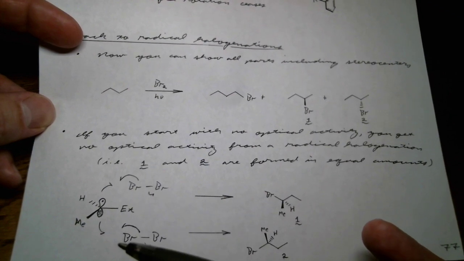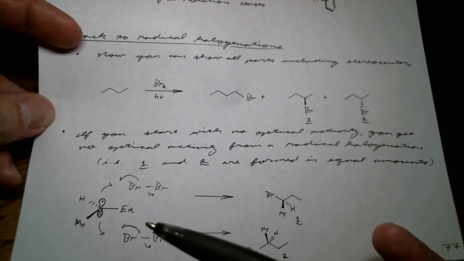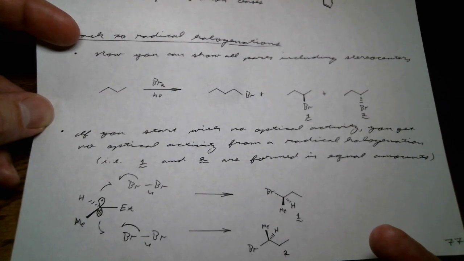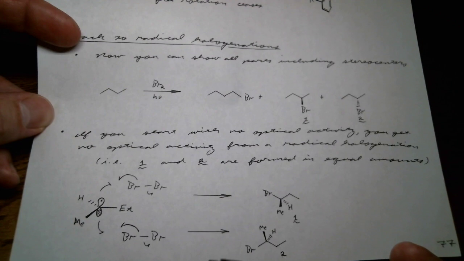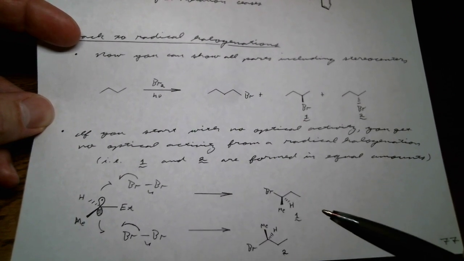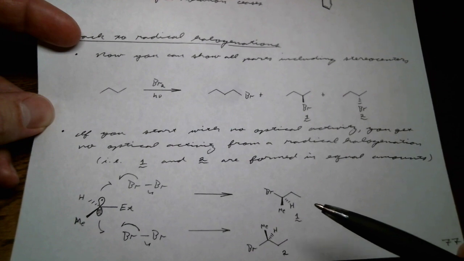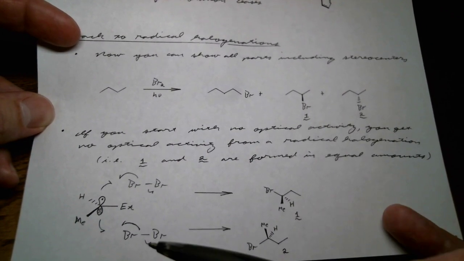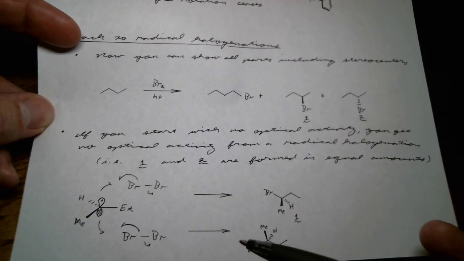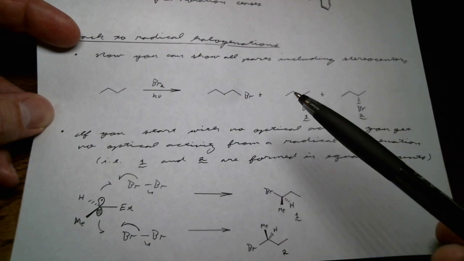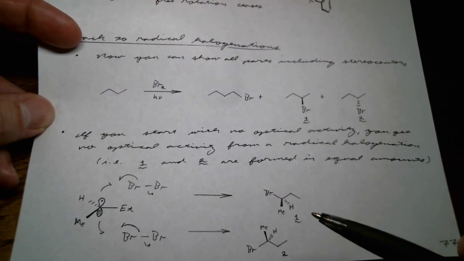So the transition states would look like mirror images of each other. We call those enantiotopic transition states, and so they would have the same energies and they would occur with the same speed, so you end up with the same amount of either 1 or 2. I've just rotated these in certain directions so you can see. You could re-rotate one back to this bond line diagram if you're tricky.